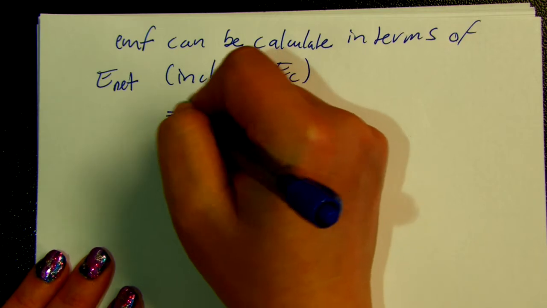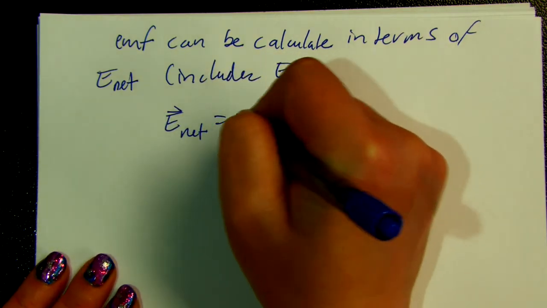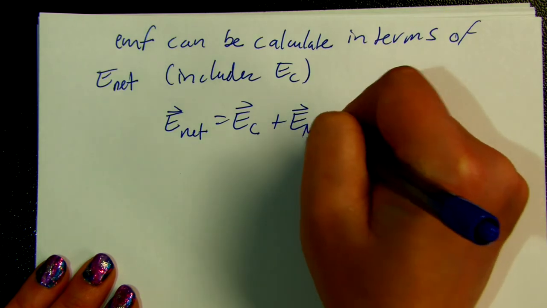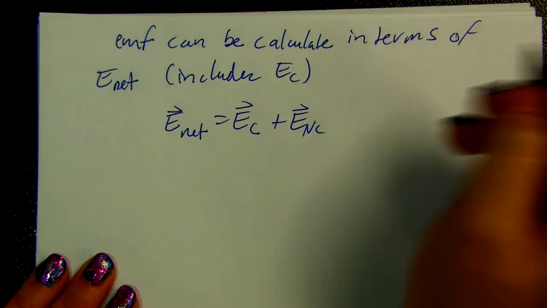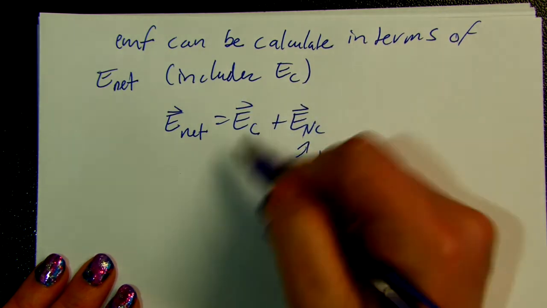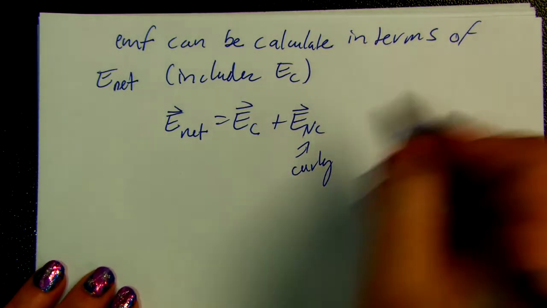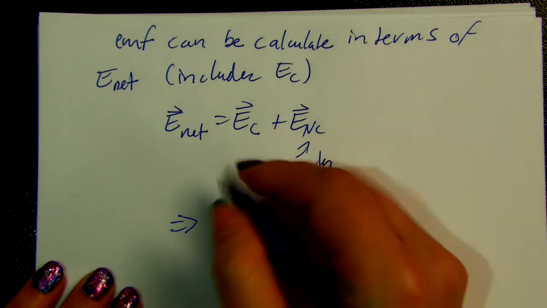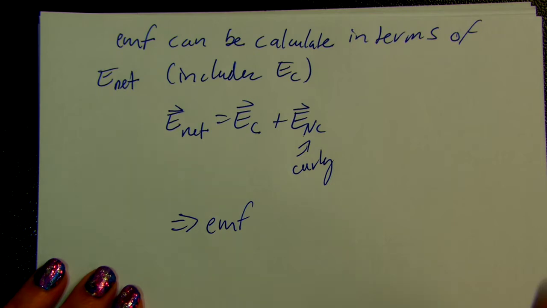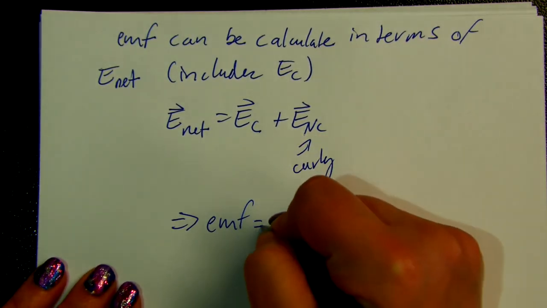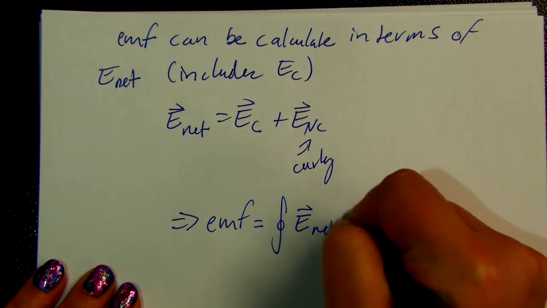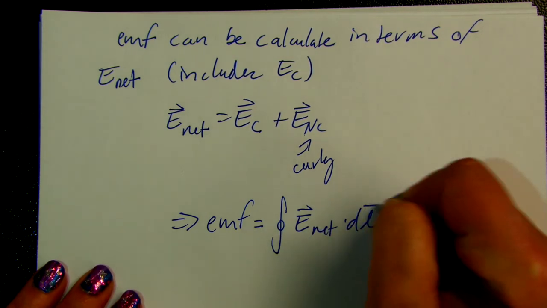So E net is equal to the Coulomb electric field plus the non-Coulomb electric field. So this one's curly, and this one is the typical vector field that we're used to looking at. So from here you get the more complete expression. The EMF is actually equal to the path integral of E net dot DL.